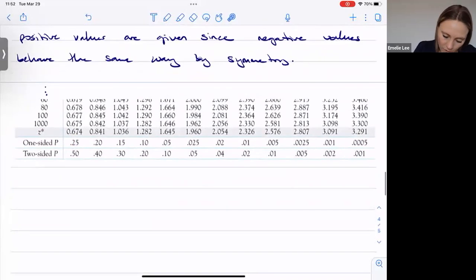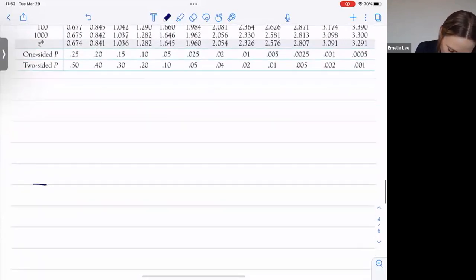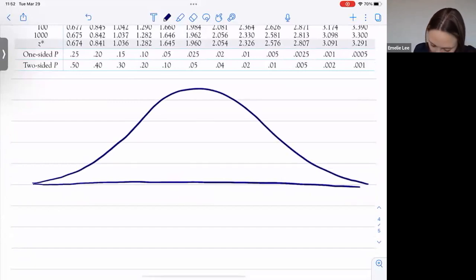So that looks like this. I'm going to try to make my normal distribution as big as I can, so that I can show as many values as possible, but I think you'll get the idea.